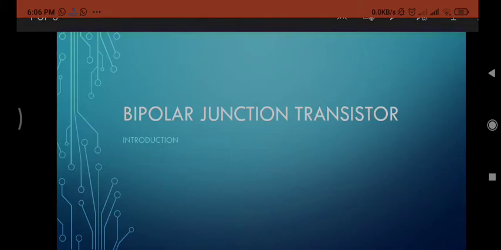So this is some basics, or the introduction, about BJT, how BJT came into society and how it became the choice of the people. However, MOSFET has replaced BJT in most applications, but BJT is still one of the very important devices in electronics and solid state circuits.